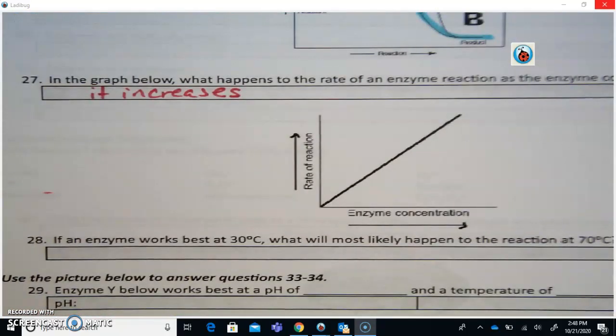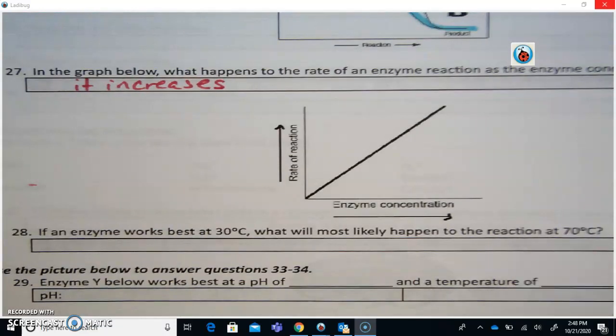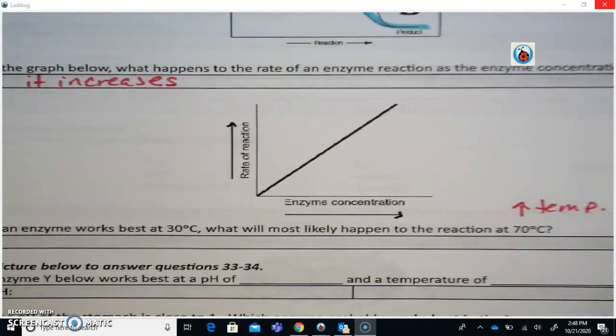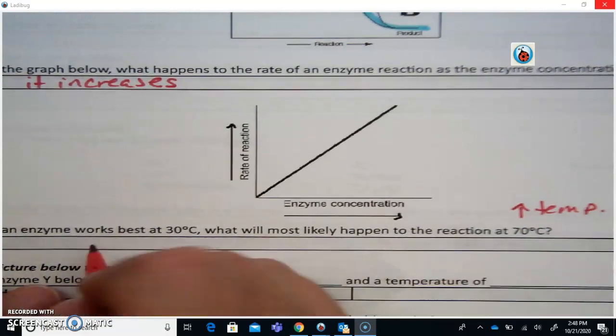Number 28, if an enzyme works best at 30 degrees Celsius, what will most likely happen to the reaction at 70 degrees Celsius? Well, that's way, way hot. And high temperatures will denature an enzyme, will change the shape of an enzyme. So what will most likely happen to the reaction?